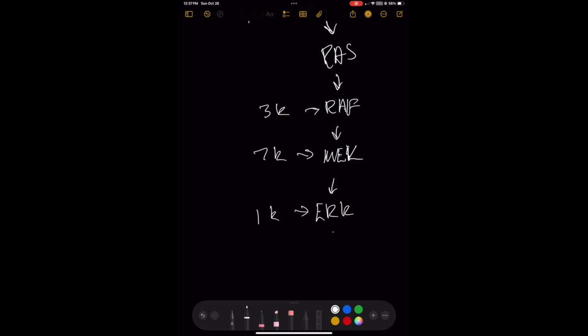And what this pathway does, what this ERK then does, is it controls transcription within a cell and also proliferation. And so this is essential in the transcription of a cell.